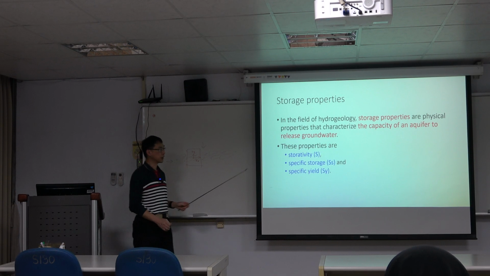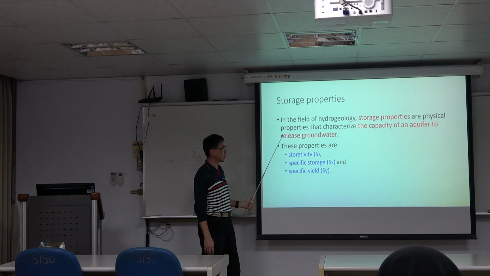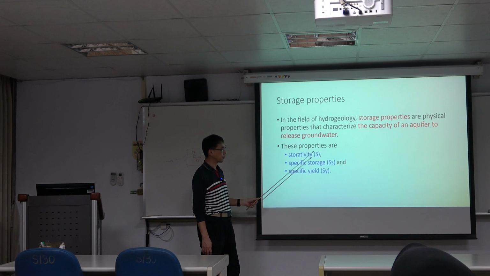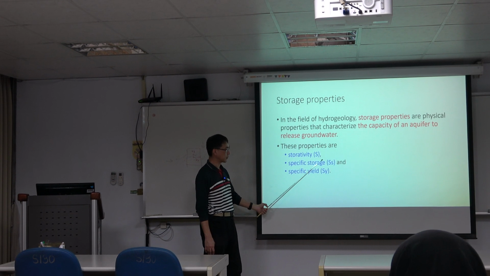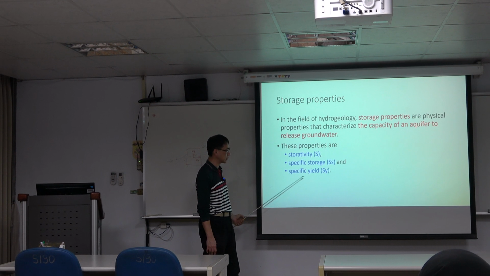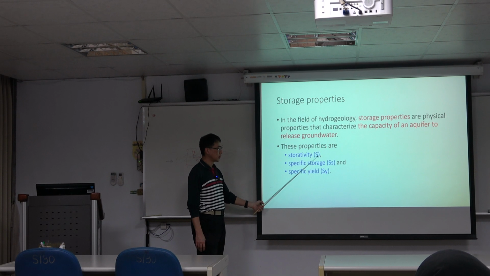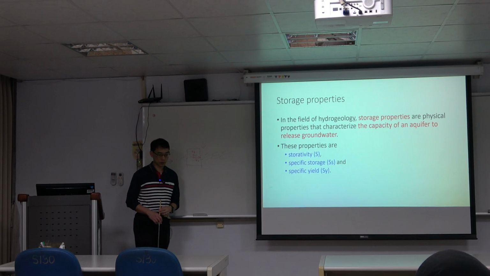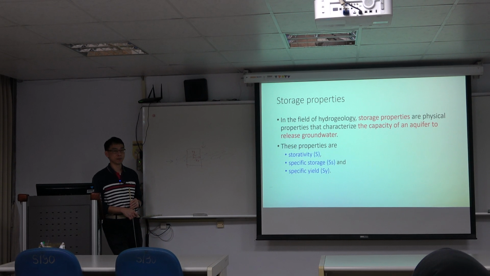In the field of hydrogeology, storage properties are physical properties that characterize the capacity of an aquifer to release groundwater. We have three terms commonly used: storativity, specific storage, and specific yield. Storativity is the more general term. When we talk about the pumping test, we use the T and S values, where T is the transmissivity and S is the storativity.